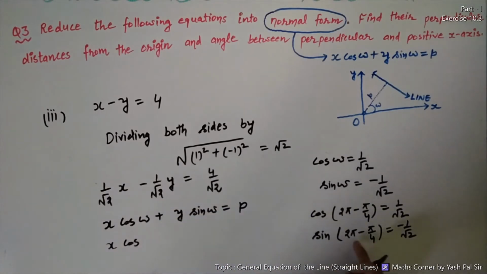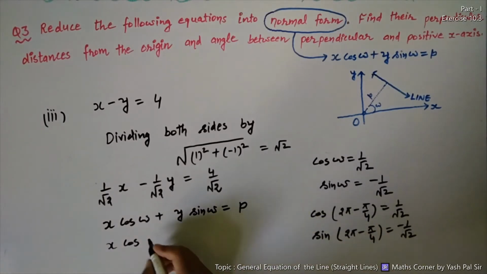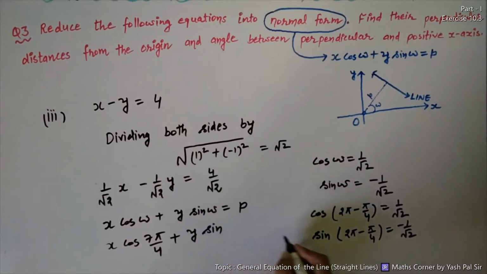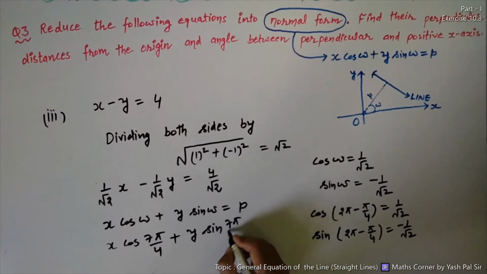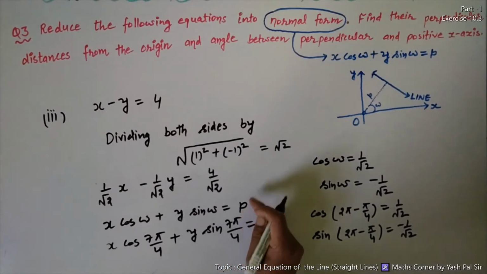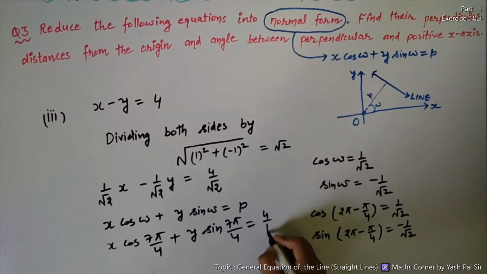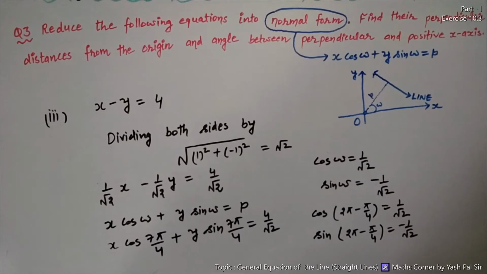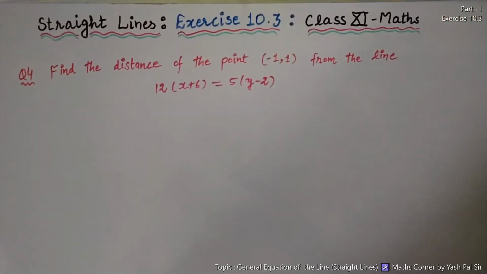So this way we write x into cos of 7 pi upon 4 plus y into sine of 7 pi upon 4 is equal to p, which is 4 upon square root of 2, right? So this is the normal form.